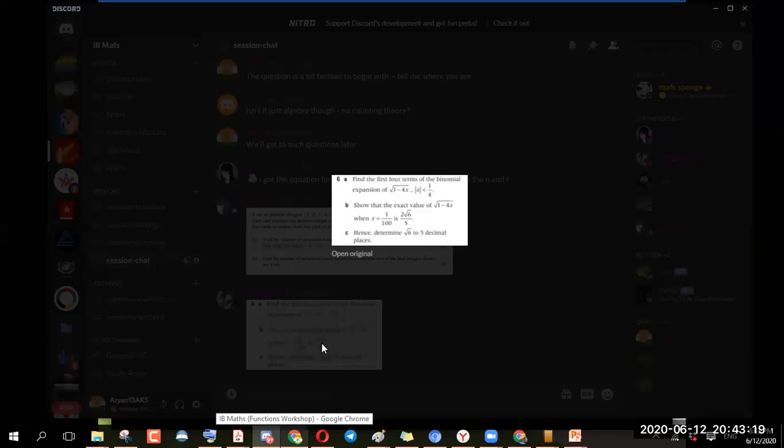Find the first four terms of the binomial expansion of. I mean, this gives you the step-by-step process, but they could, for example, completely skip over B and ask just for you to come up with the number yourself.